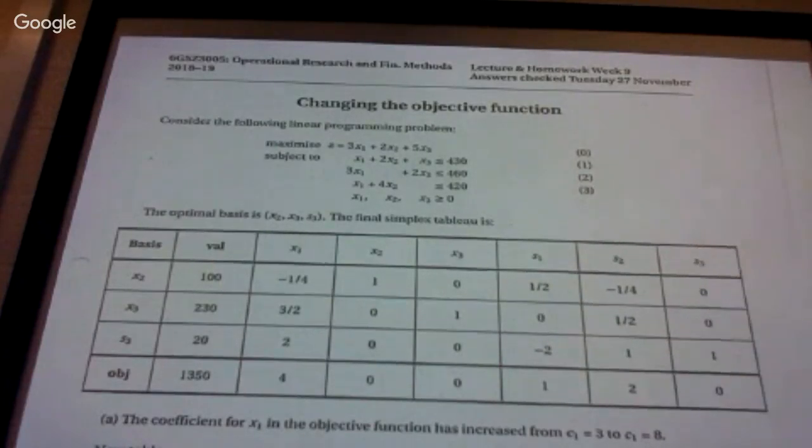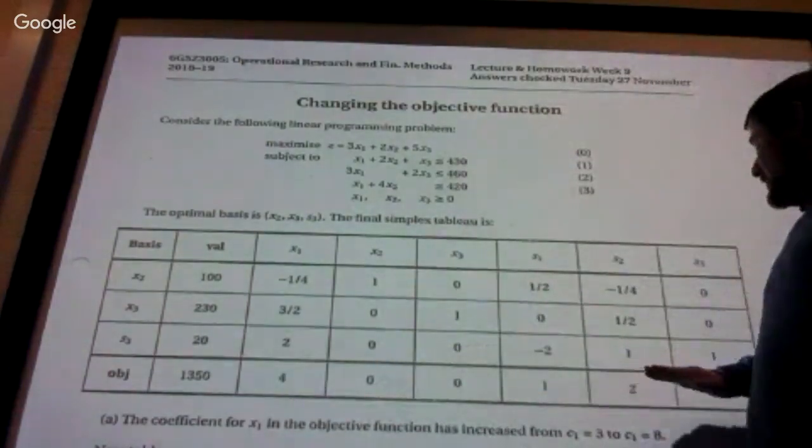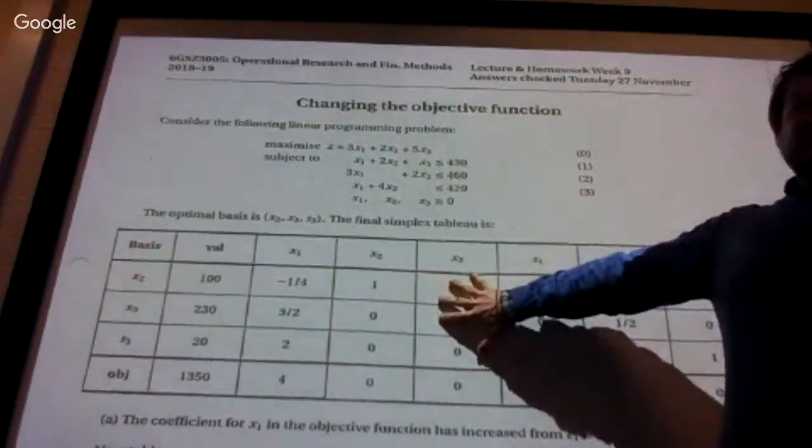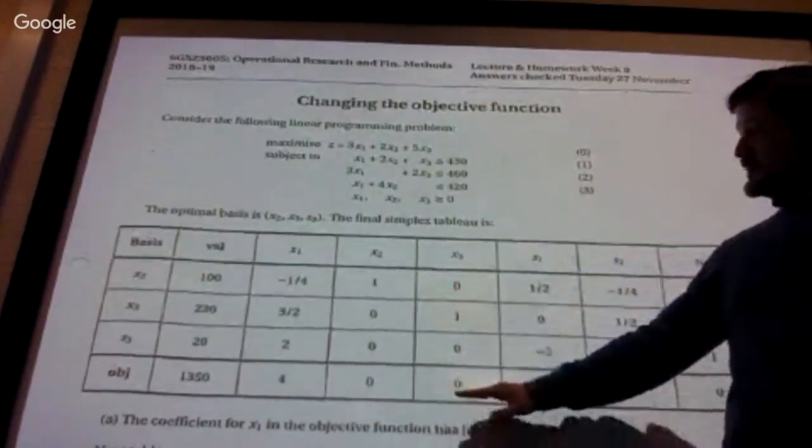An interesting question. As we know, it's actually quite easy. Does anybody know what's going to happen? How did we get the objective row? You were given just this top bit of the tableau, and you wanted to know the objective row.